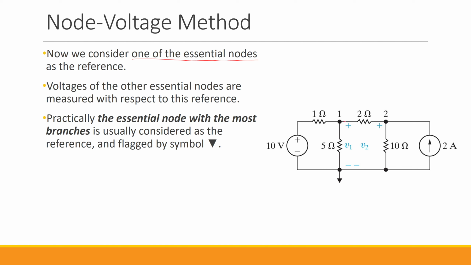It doesn't matter which one of these 3 you choose: either this node, which I named 1, this one which I named 2, or this one which I named 3. Any of them is fine to be used as the reference node. What happens is that we measure the voltage of each of these nodes with respect to the reference node. That is an important point.